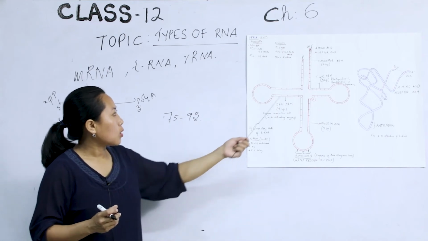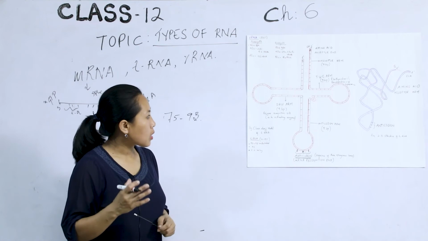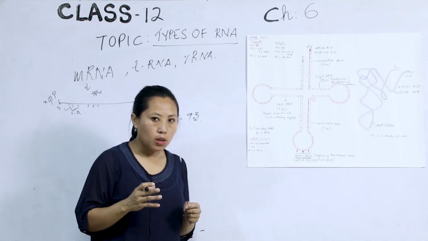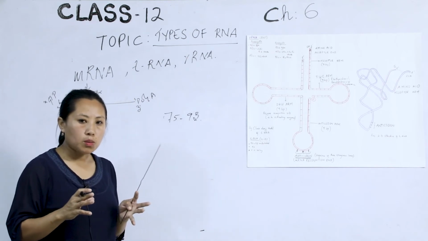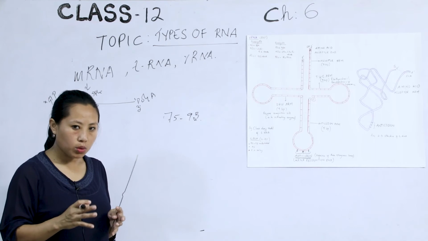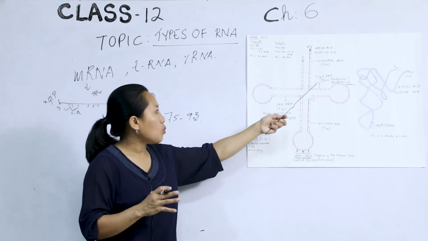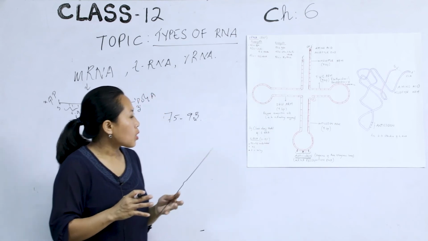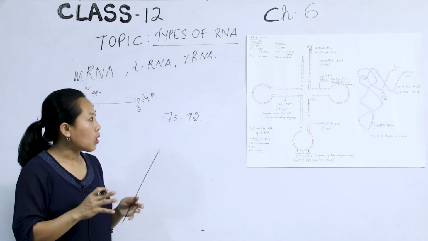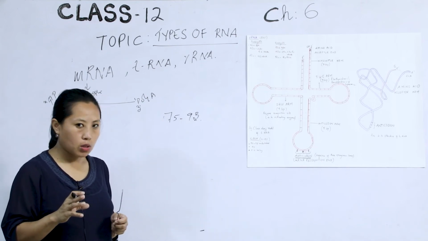This ribothymidine pseudouridine cytosine arm is associated with the ribosomes. These ribosomes, be it in prokaryotes or in eukaryotes, are the sites of protein synthesis. This arm is responsible for binding to the ribosomes during the process of translation.